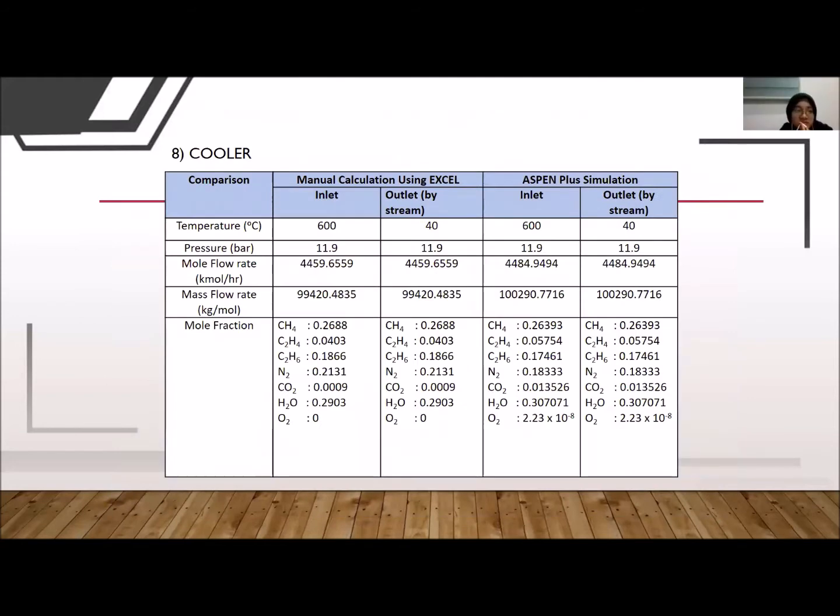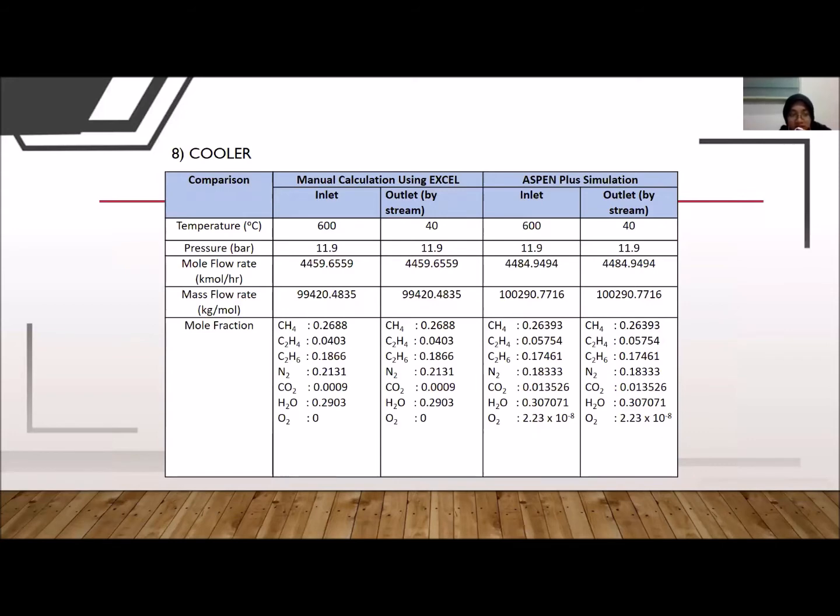So next is the cooler. For both calculations, the temperature and pressure for the inlet are the same, which is 600 Celsius and the pressure is 11.9 bar. And for the outlet stream, the temperature and pressure are also the same, which is 40 Celsius and 11.9 bar.